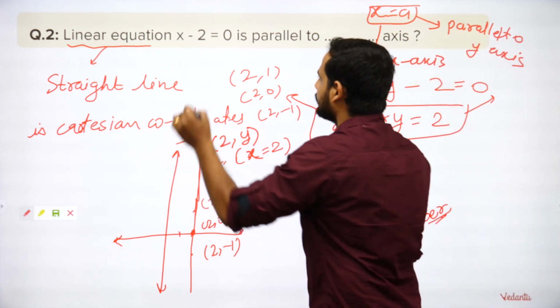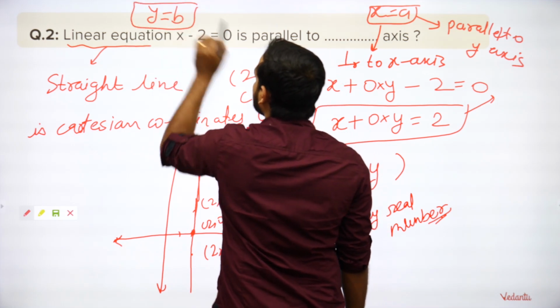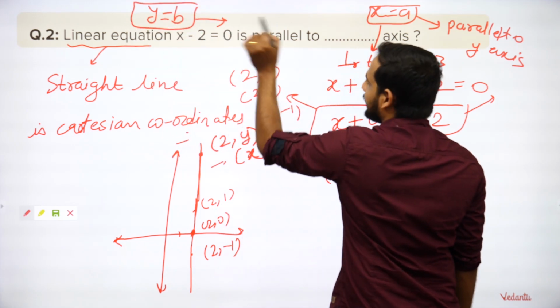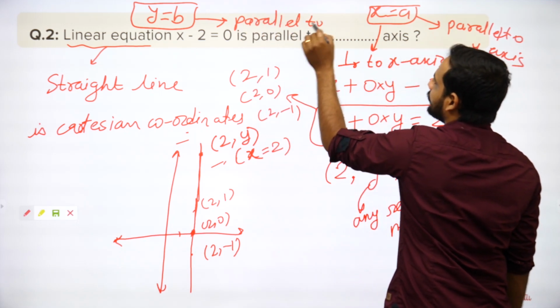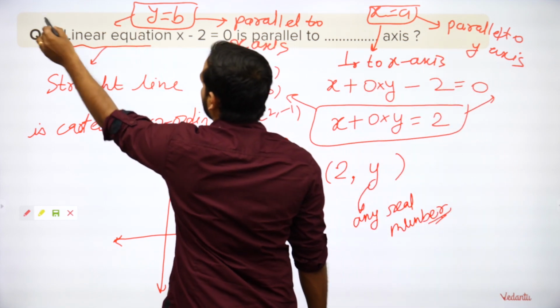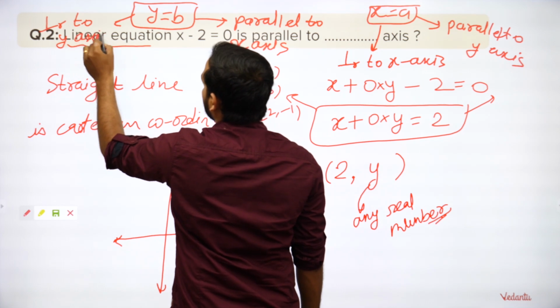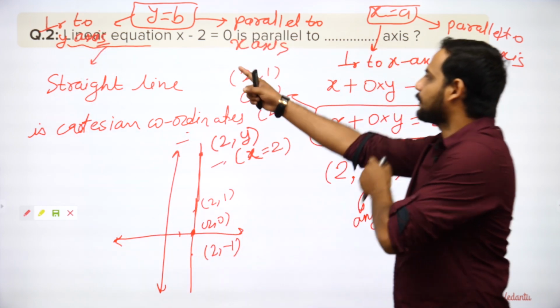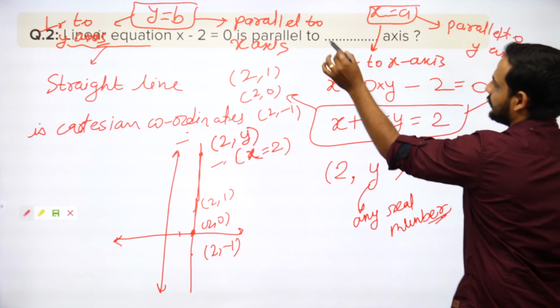Similarly we can get the next concept also: if I have an equation in the form of y is equal to b, then that line will be parallel to the x-axis and perpendicular to the y-axis. So the linear equation x minus 2 is equal to 0 will be parallel to the y-axis.